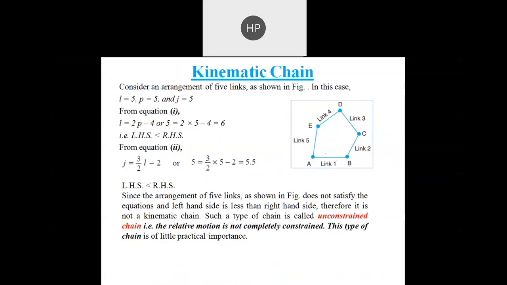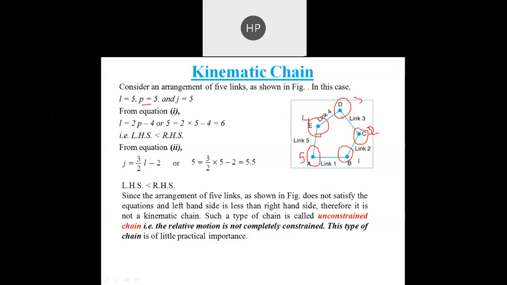Here we have 5 links: link 1, link 2, link 3, link 4 and link 5. And the pairs: link 1 and 2 make one pair over here, pair 1, link 2 and link 3 make a pair over here, link 3 and link 4 make the second pair, this is the third pair, this one is the fourth pair, and link 5 and link 1, which is joining, make the 5th pair.